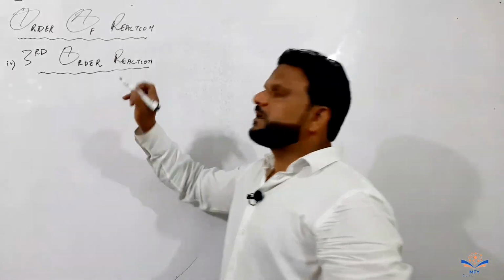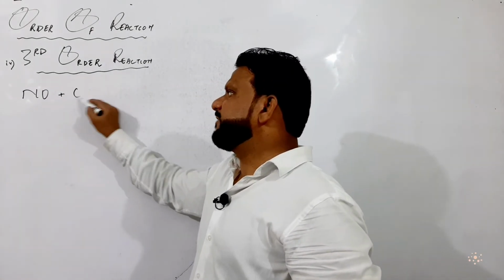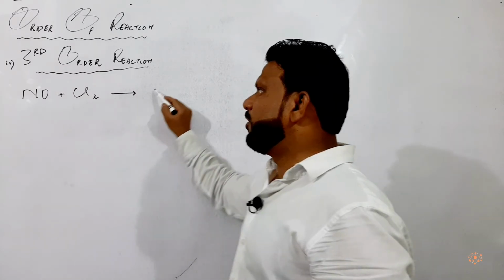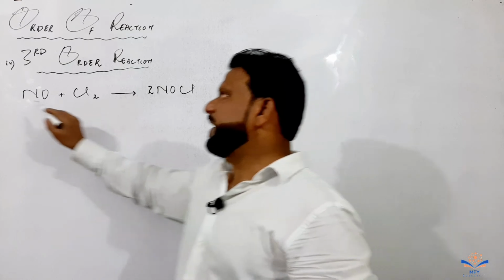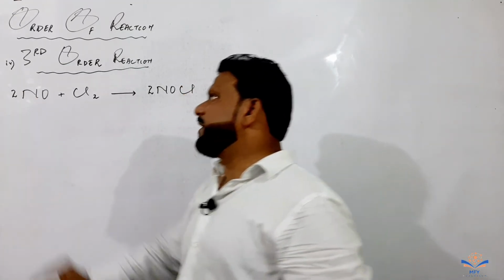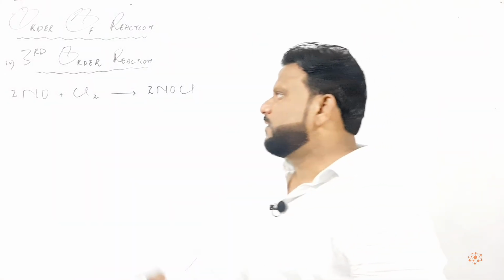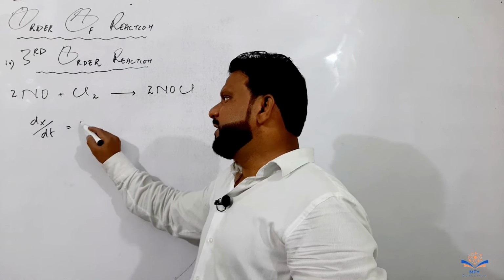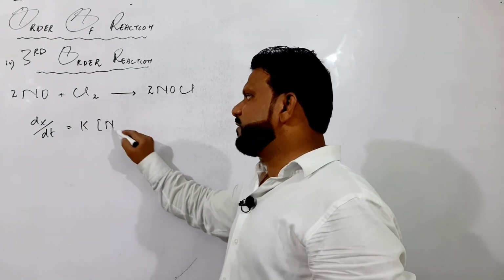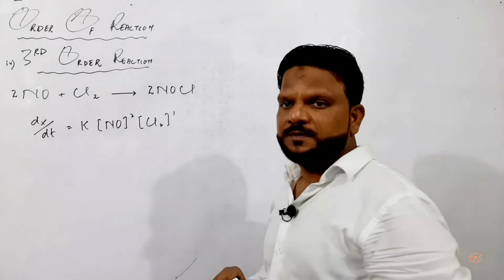Now the third order reaction. Consider a reaction in which nitrogen monoxide reacts with chlorine to form NOCl, nitrosyl chloride. Here 2 moles of nitrogen monoxide react with a chlorine molecule. It means that according to rate law, the rate expression will become dx/dt equals K, active mass of NO power 2, active mass of Cl2 power 1.